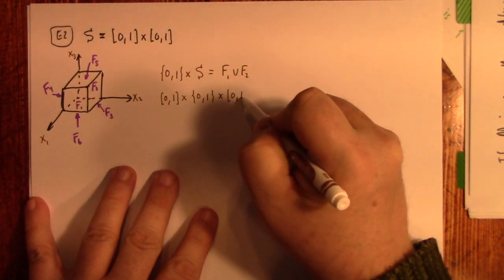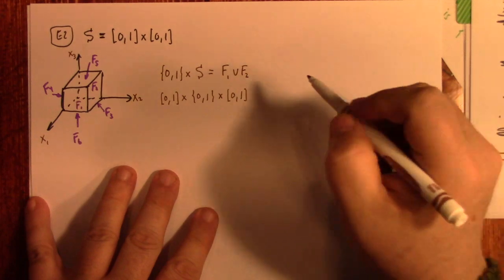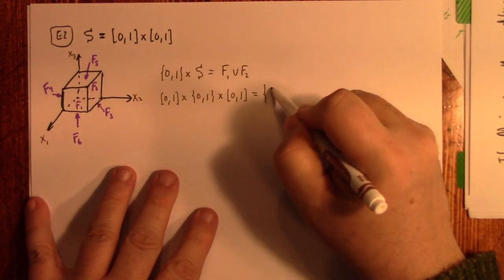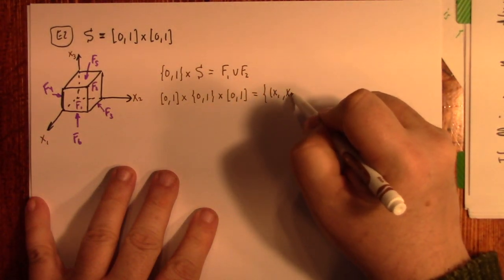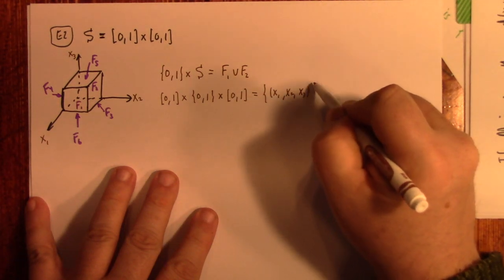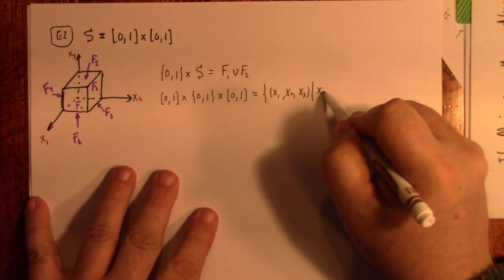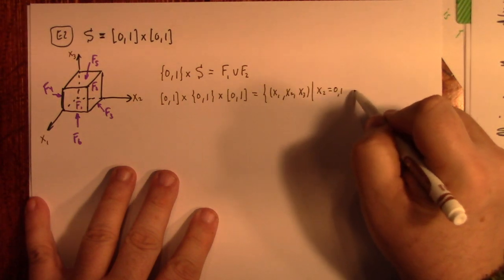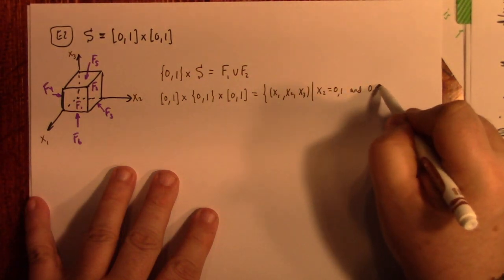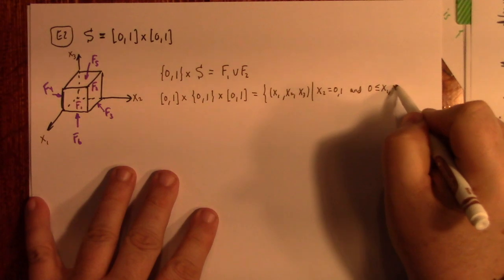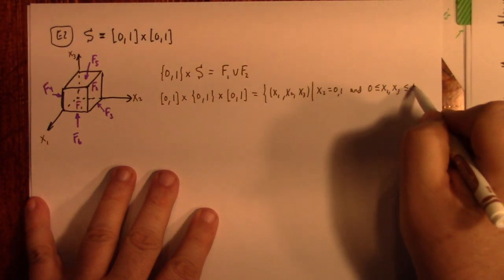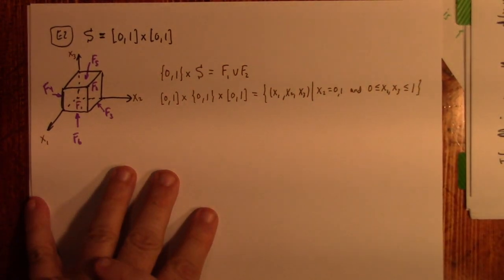So what this does, if I write this out in detail, is x1, x2, x3 such that x2 is equal to either 0 or 1, and 0 is less than or equal to x1 and x3, which are less than or equal to 1. All right, there's that.